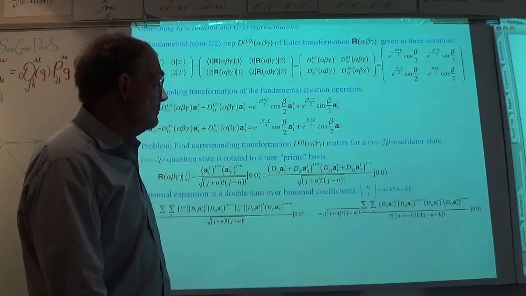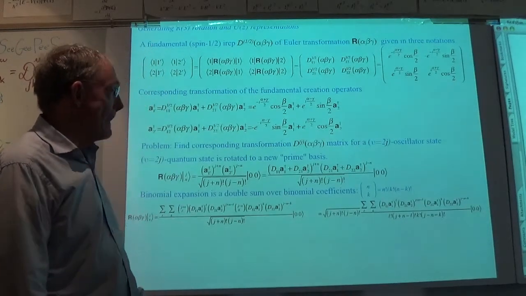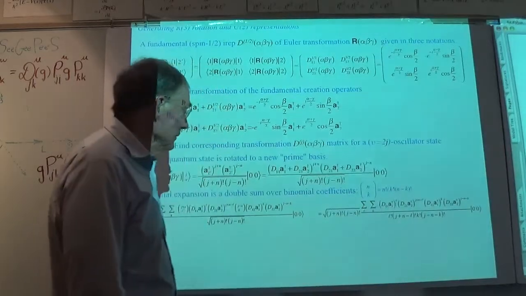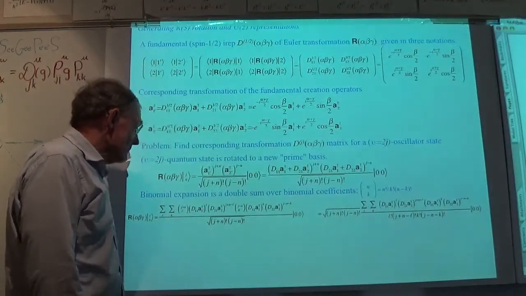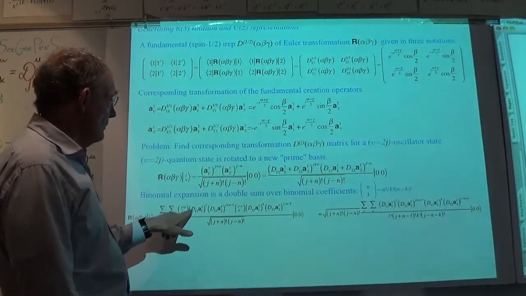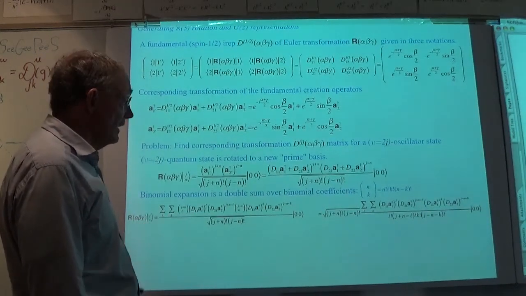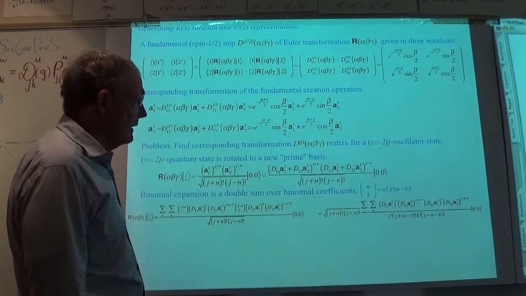Well, we've got to do some binomial expansions using coefficients that are binomial. So when I put in those binomial coefficients and then do a sum over l and k, I get what looks like it's going to be a mess.